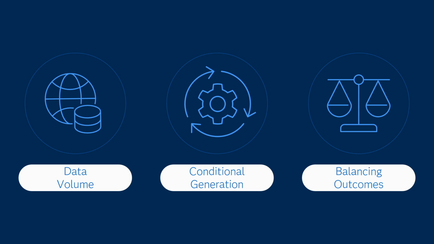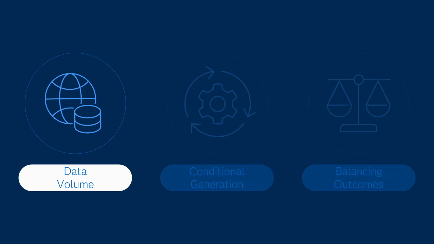Or from an outcome perspective, if there are rare events, it's very likely difficult for the model to capture the relationships of inputs to the output in the case of rare events. So having more rare events and balancing the outcomes in the data that you're feeding the AI is very important. We're going to start here with the simple case of, all right, let's just try generating more data and feed that into the process.